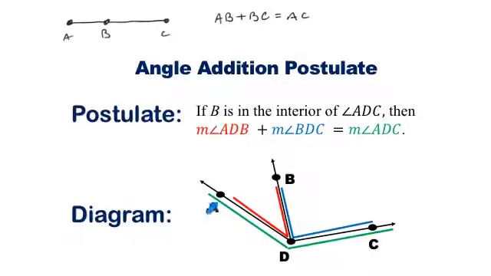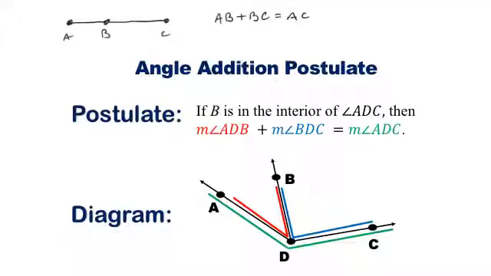And we have angle ADC, the entire angle. Well, if we cut the entire angle ADC up into these two smaller parts, we know that if we add the two smaller angles together, the measure of ADB plus the measure of angle BDC, we would get the entire angle, the measure of angle ADC.